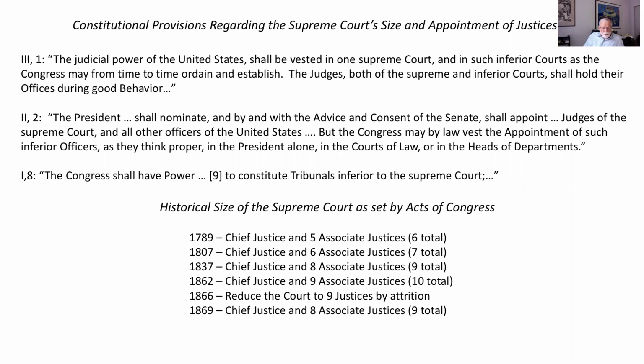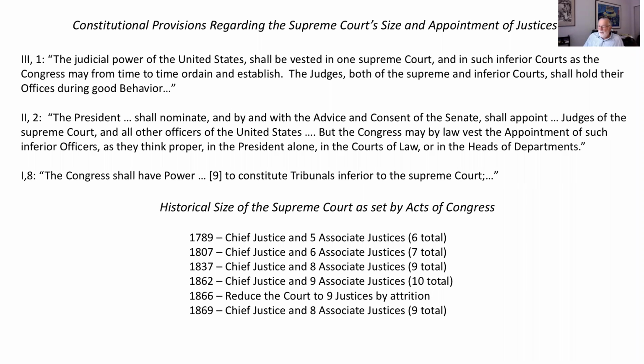You might think, well, maybe they did it because they recognized that an even number is hard. Except by 1807, as a practical matter, there had only been about 15 Supreme Court decisions given because the court wasn't very active at first. They have to wait till cases get there. And almost all of them were unanimous decisions.